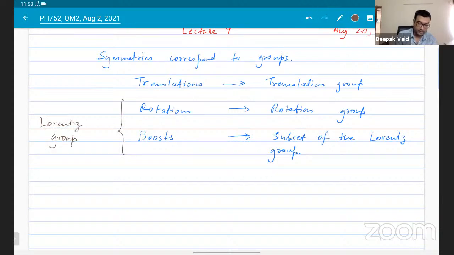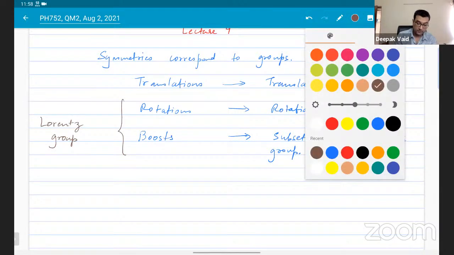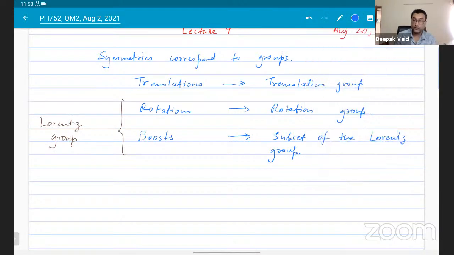Okay. So now I haven't really talked too much about groups or group theory, but I suppose that you probably have some exposure to these concepts, right? And these are all examples of continuous symmetries. So the groups are also continuous groups.